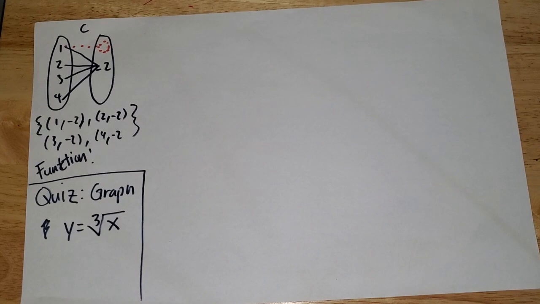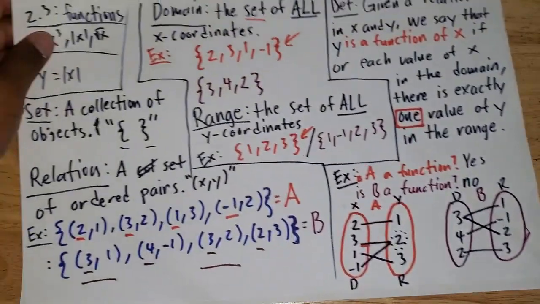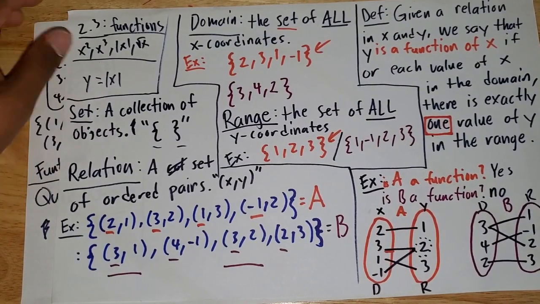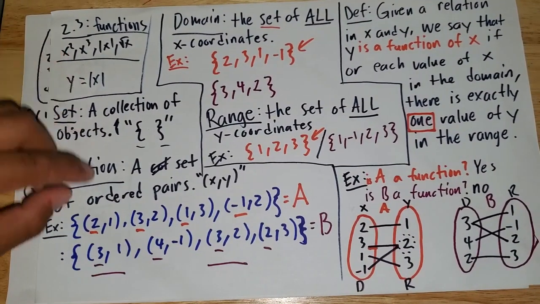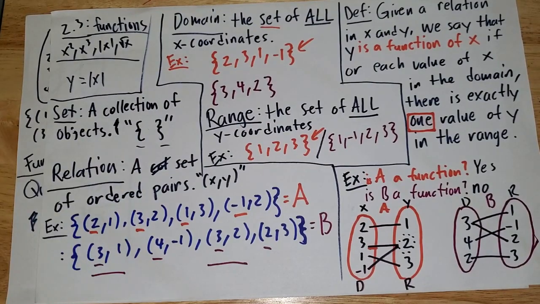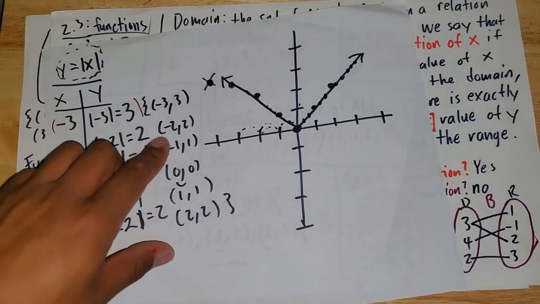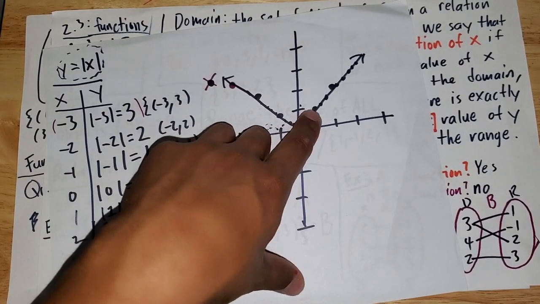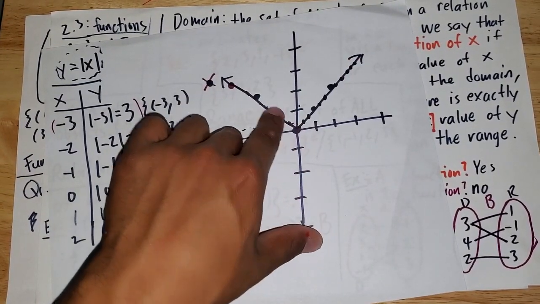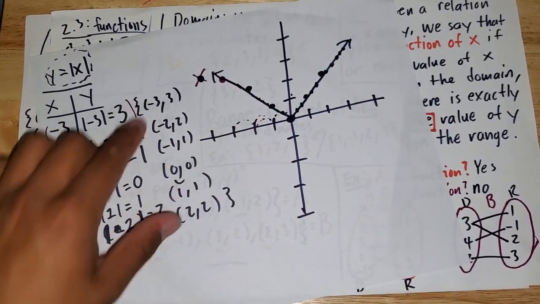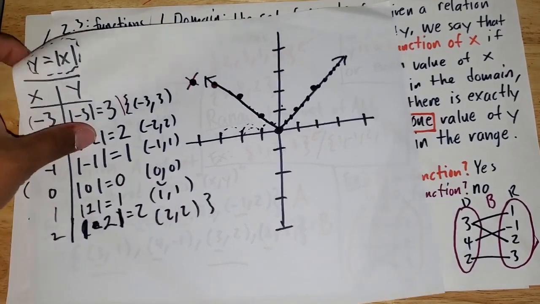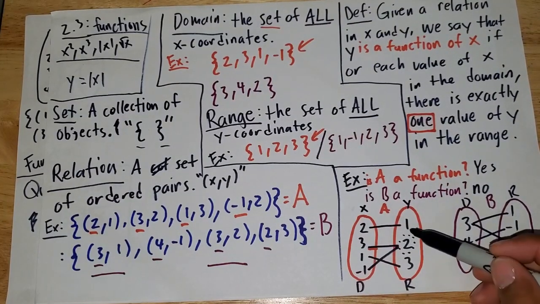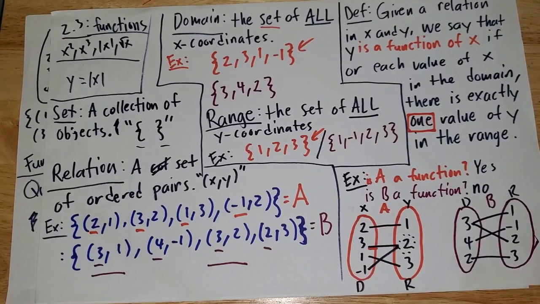So the idea is we want to be able to see if these equations define functions. But they get tricky because here, all we did was look at the relation. But we just saw that there's an infinite amount of ordered pairs on this graph. So I'm not going to be able to verify every single ordered pair to make sure that it's going to exactly only one y and then call it a function.